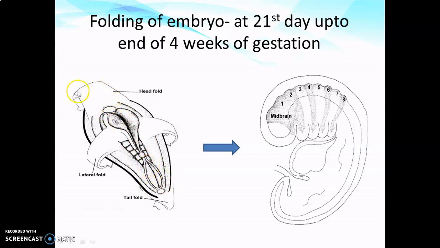Folding takes place in the head region as well as tail region in this plane, that is head tail axis, as well as in one more plane, that is the lateral plane, as you can see here. So embryo gets folded in head tail axis and in the lateral plane to form a structure like this. So hereafter in the development, the embryo will be having this particular form.